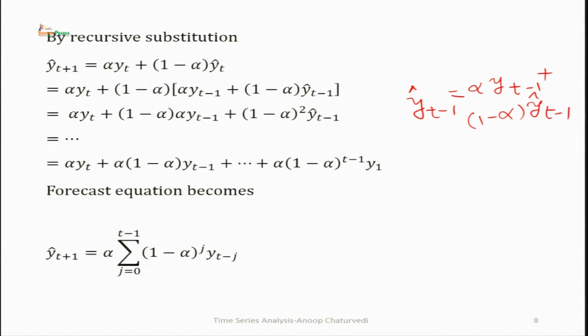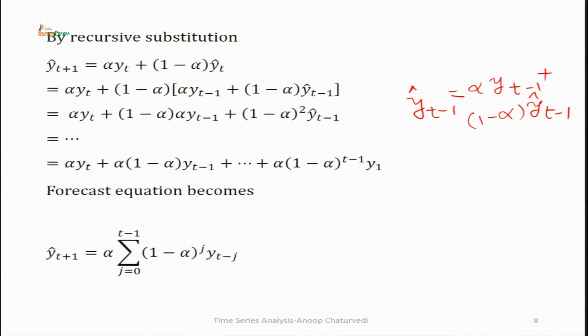You proceed recursively. At last you get this expression: alpha y t plus alpha into 1 minus alpha y t minus 1 plus so on plus alpha into 1 minus alpha to the power t minus 1 y 1.